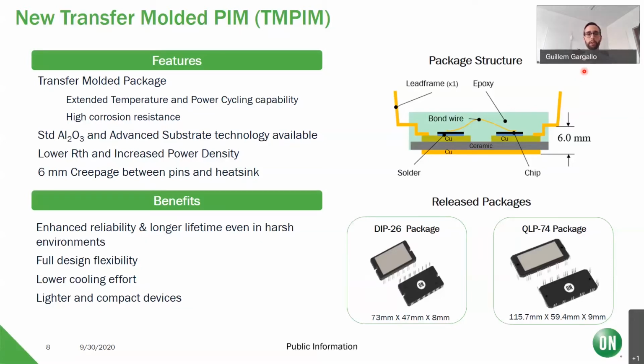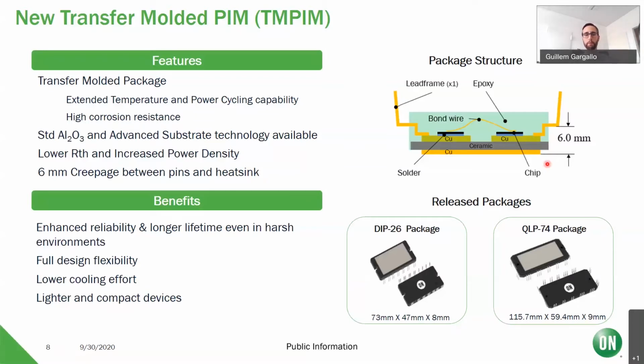An important feature here is that we can keep the 6 millimeters creepage distance between the lead frame or the pin terminals and the heatsink. So in the end, the benefit for you is an enhancement of reliability and lifetime, even in harsh environments, as I mentioned. We enable here a full design flexibility.